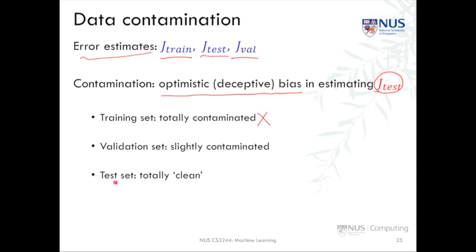We definitely can use the test set directly because it's totally clean. We separated the test set before we even did the training and validation. The validation set is somewhere in between. We didn't use it to set the model parameters, but in many cases we used it to choose between different models. We can think of this as choosing another set of parameters on top of the parameters.